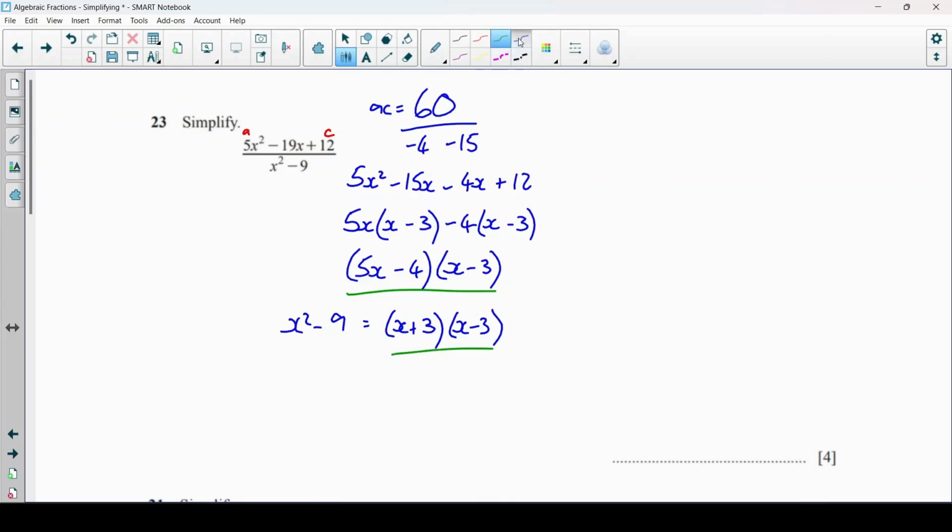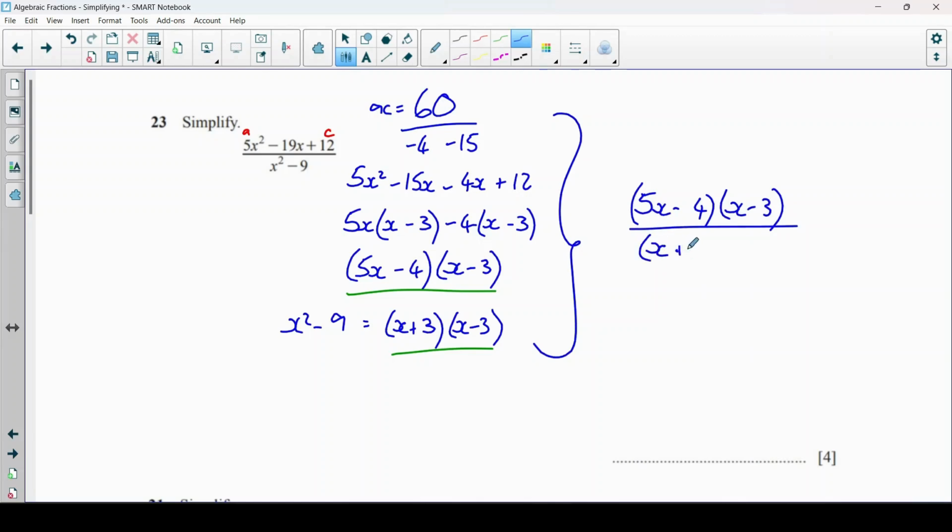So now let's put that back into a fraction. 5x minus 4, x minus 3, over x plus 3, x minus 3. And I can divide top and bottom by that x minus 3 factor, leaving me with, sorry, 5x minus 4 over x plus 3.